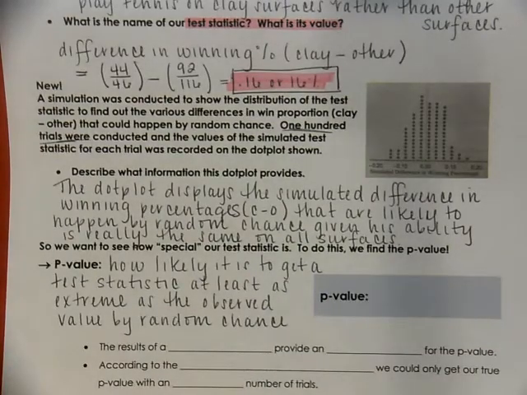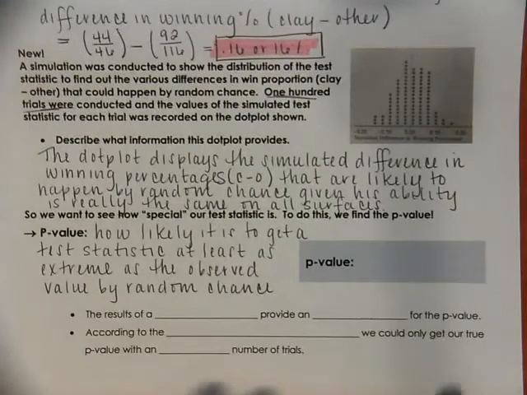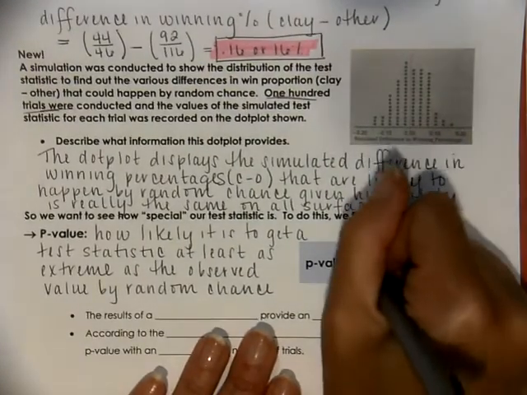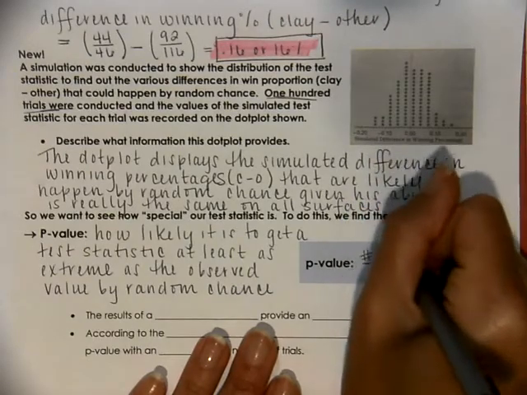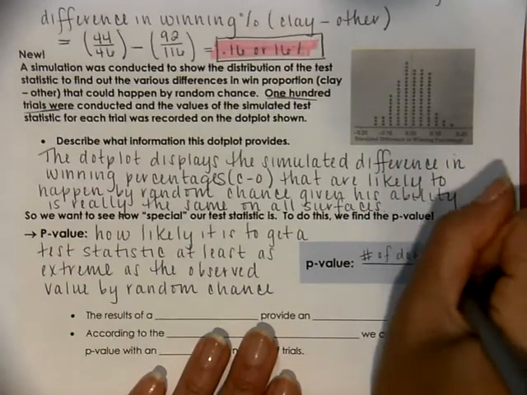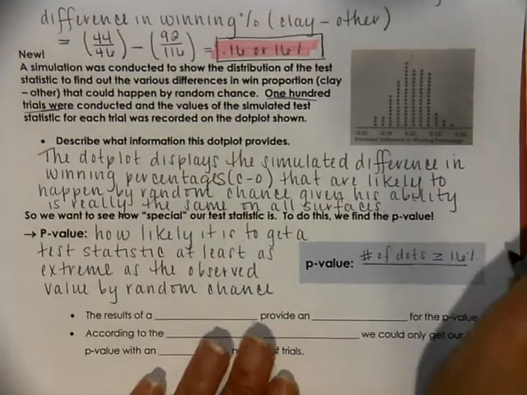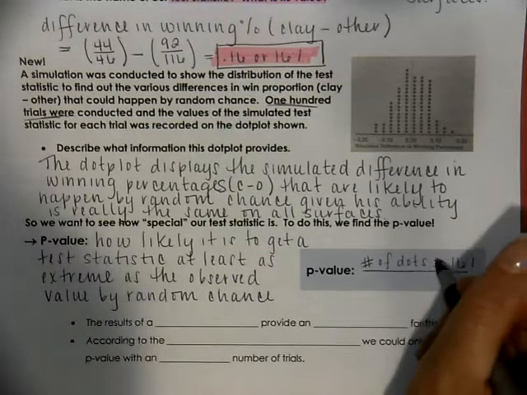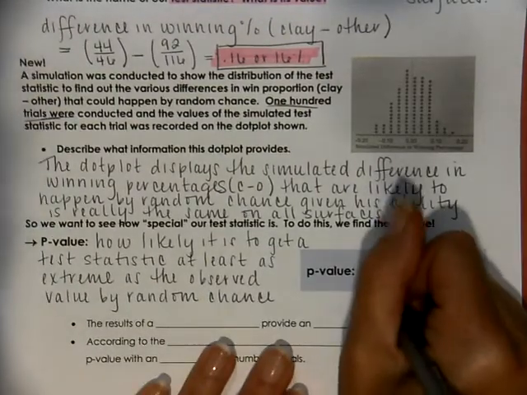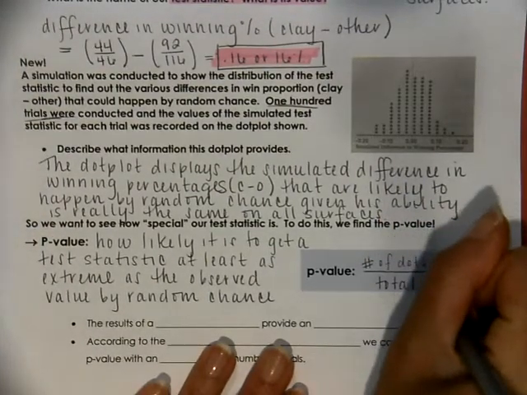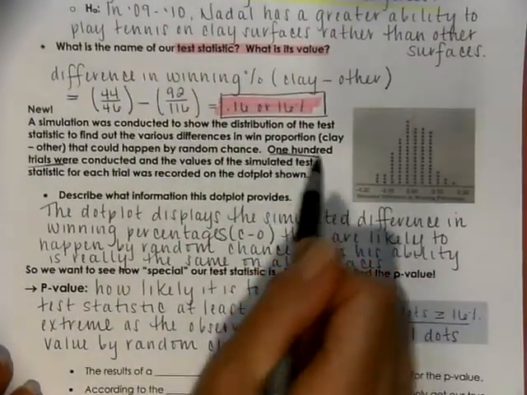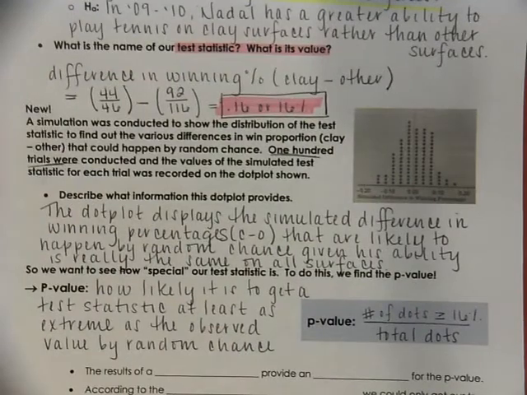So, how do I calculate my p-value in this case? My p-value is going to be the number of dots greater than or equal to 16%, because you're looking at least as extreme as the test statistic. Your test statistic was the 16%, so that value or higher, so it's greater than or equal to 16%, divided by the total number of dots. And remember, in the description of the dot plot, it tells us there's 100 trials, which means there's 100 dots.